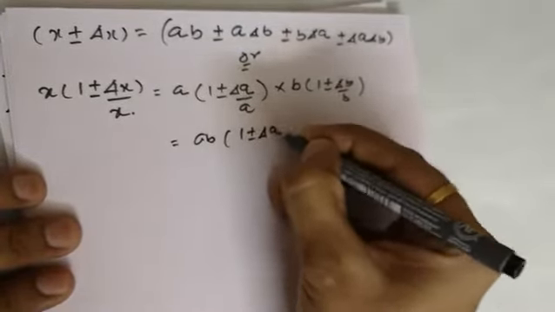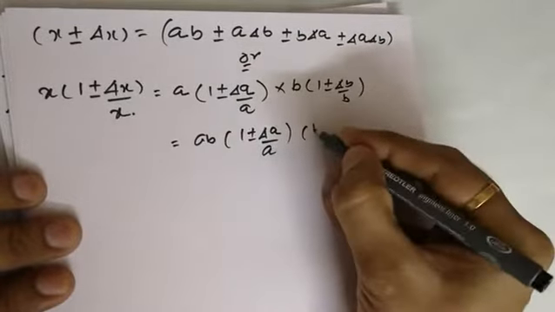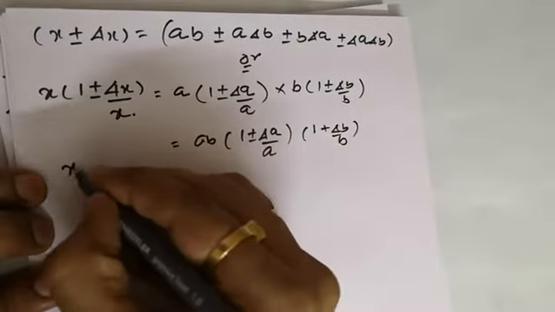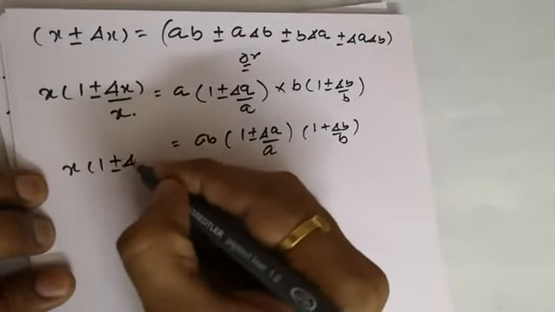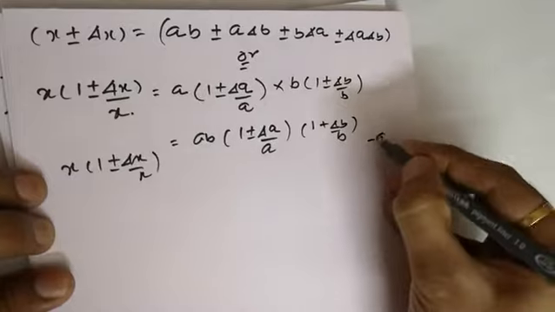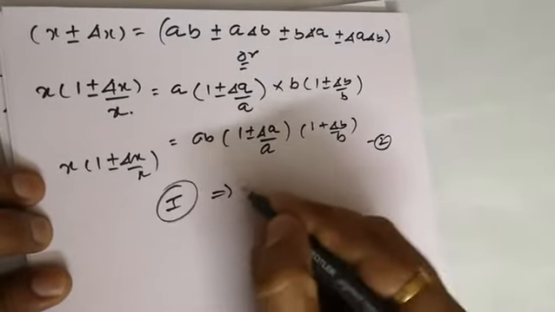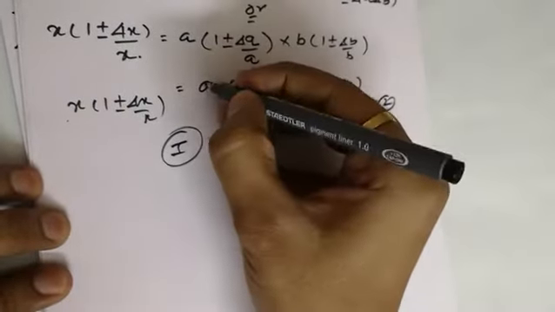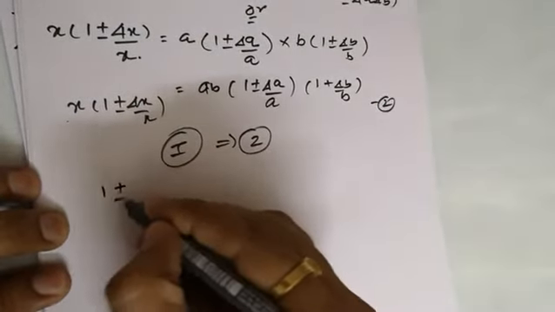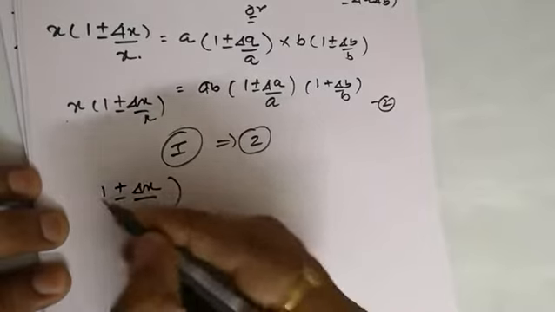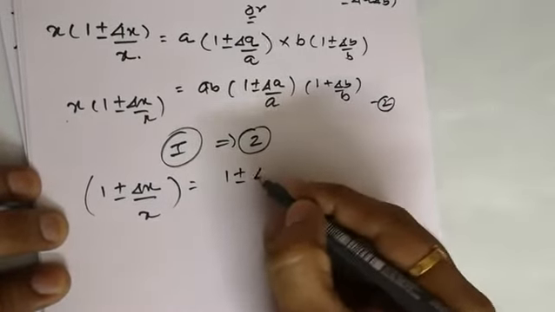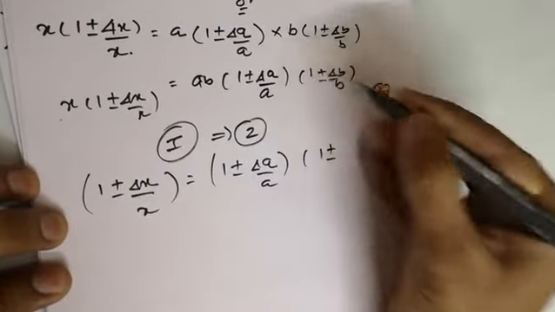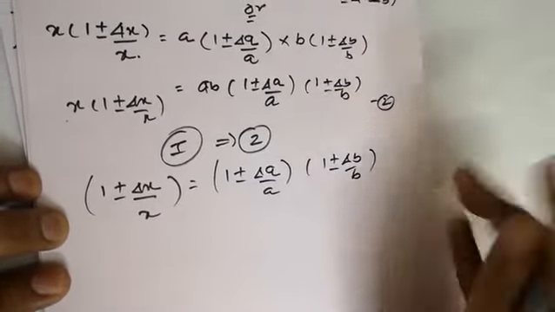This would be expression number two. In expression number two, x equals ab, that might be cancelled out. So the left part is 1 plus or minus delta x by x equals 1 plus or minus delta a by a, multiplied by 1 plus or minus delta b by b.